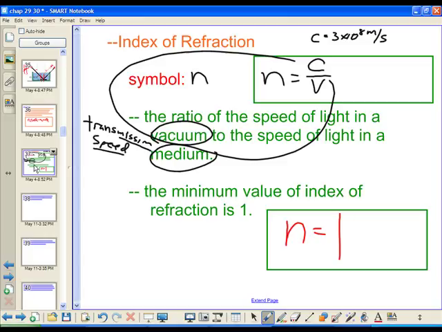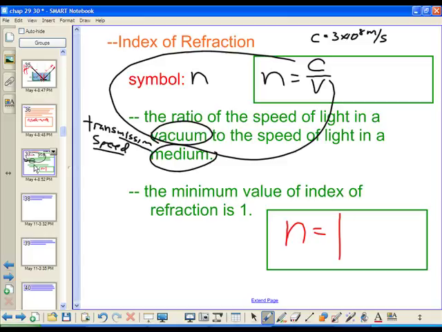You can never have an index of refraction less than 1. So if you end up with an index of refraction less than 1 in a problem, you might have done something wrong, because that's the lowest it can be. They're always going to be bigger. And the bigger the number, the slower the medium. You might want to make a note of that: the bigger the index of refraction, the slower the medium.